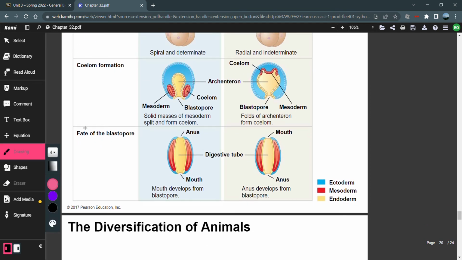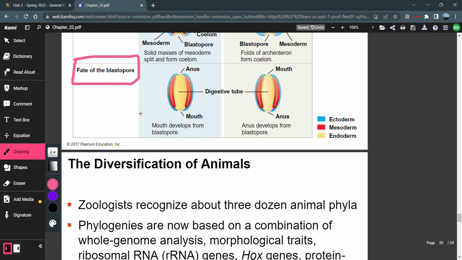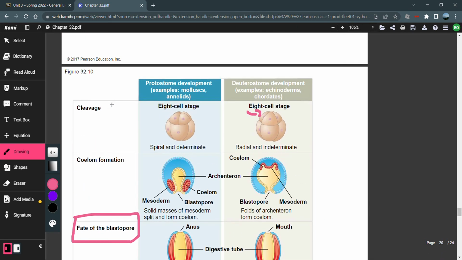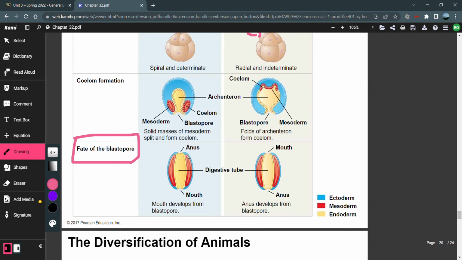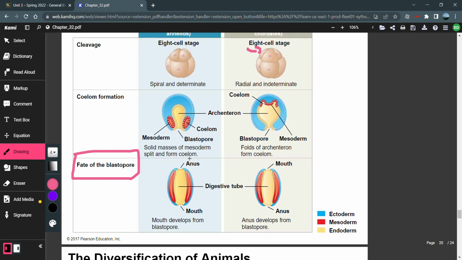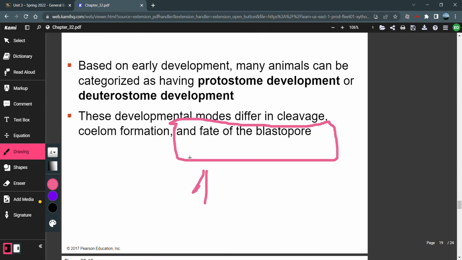But we're only going to be talking about the fate of the blastopore. In protostomes, the mouth develops from the blastopore, while in deuterostomes, the anus develops from the blastopore. So this is the digestive tube, and this is how animals are characterized as having protostome or deuterostome development.